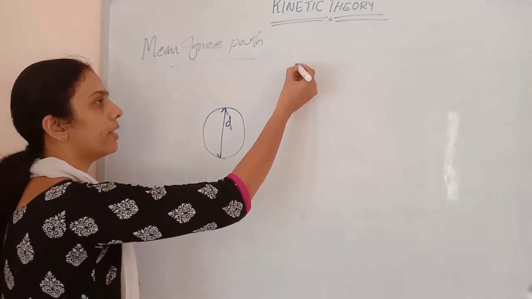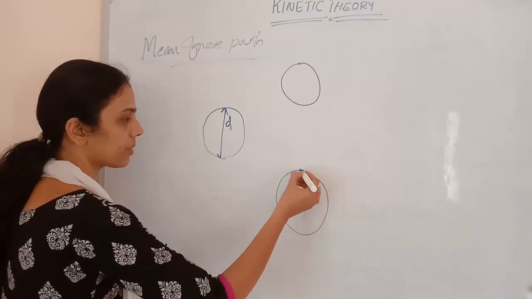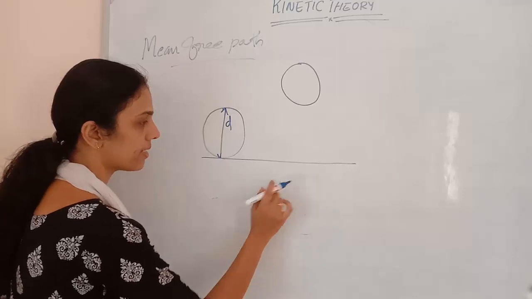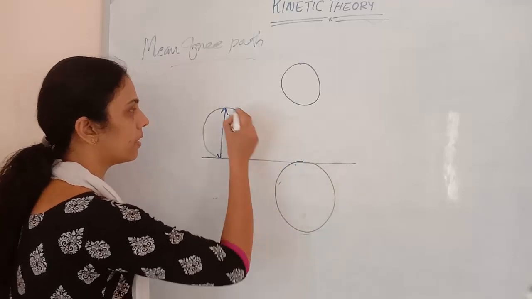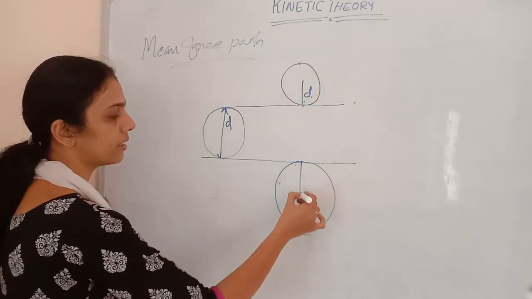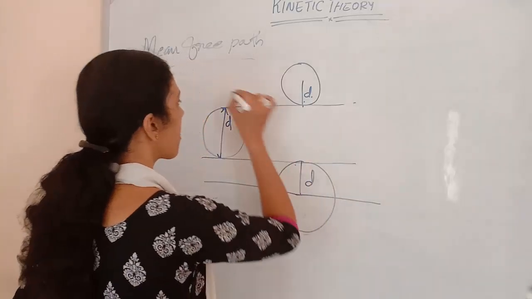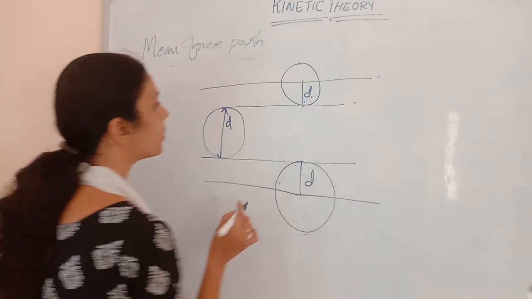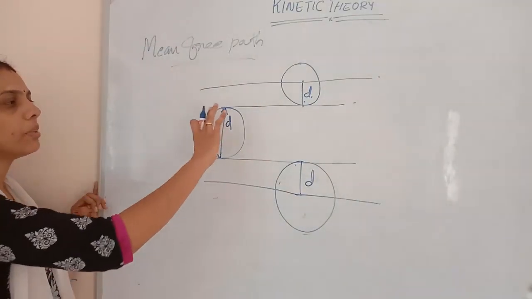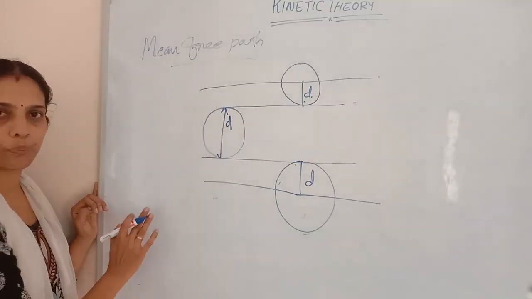Here I am considering another gas molecule, all having the same diameter d. So what will be the minimum distance required? If they have a minimum distance of d, then without collision it can move, isn't it?